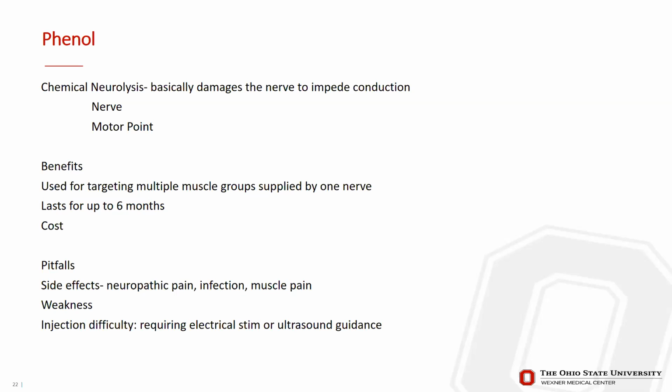So it is something to consider, but we don't enter into it lightly, because it can cause side effects of pain and weakness. There could also be some difficulty with the injection, because you really have to get right on top of that nerve. There are some newer techniques coming out with ultrasound guidance, and they're really helping. But at the same time, with the phenol, you have to be very concerned about some of that.